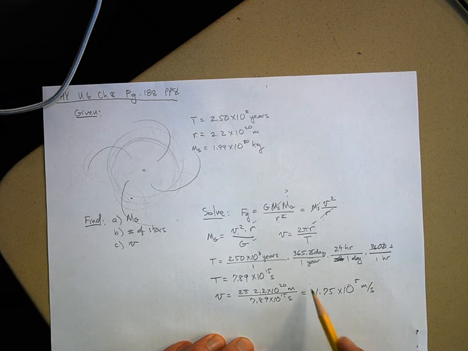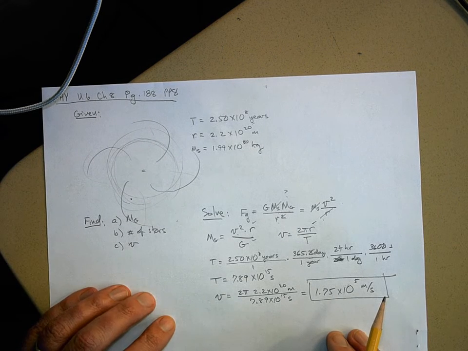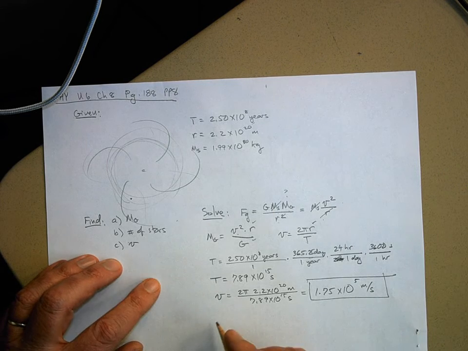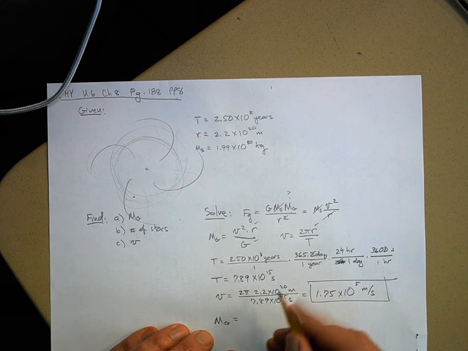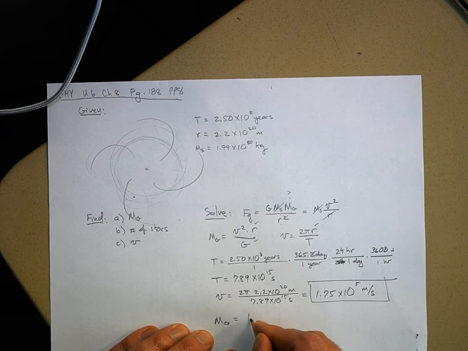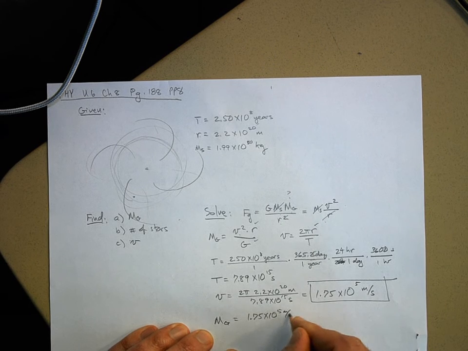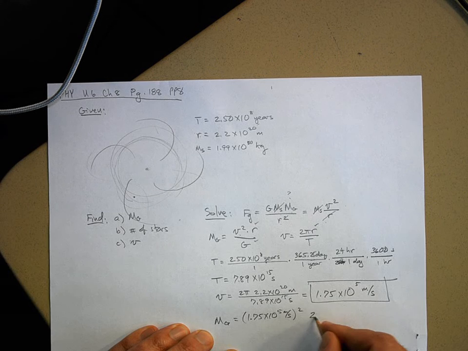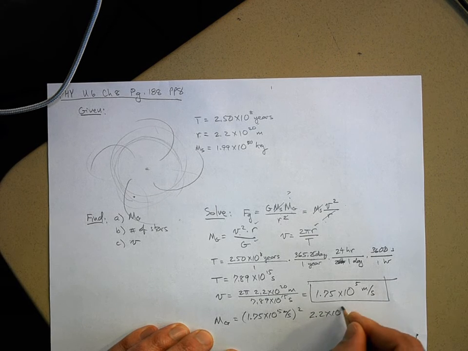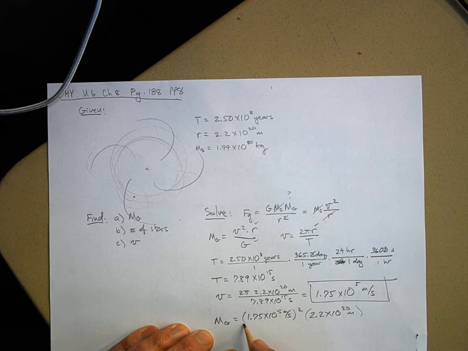Okay, so that's the answer to part C. But now I can figure out the mass of the galaxy, because it's this speed squared times the radius divided by G.